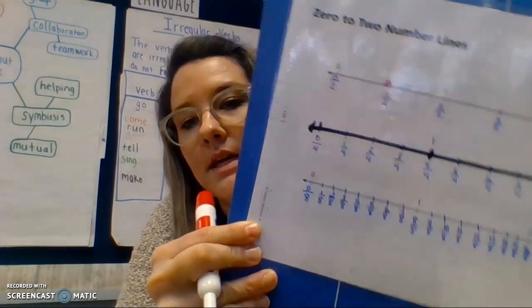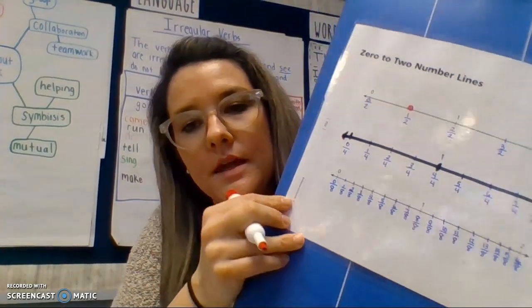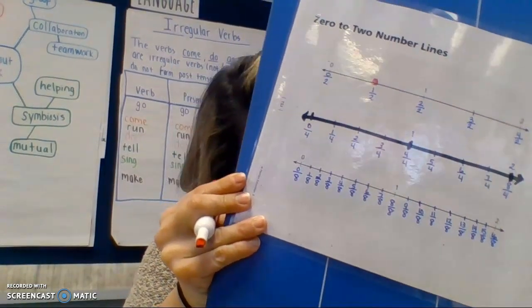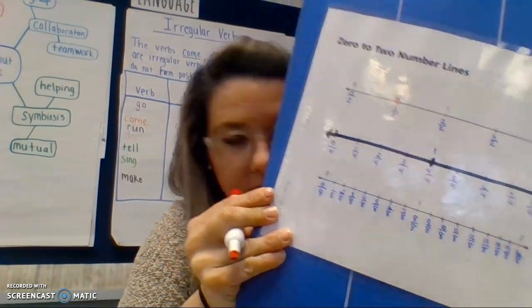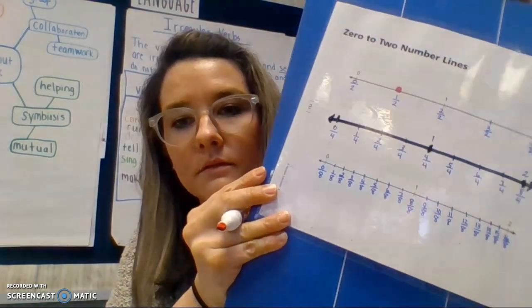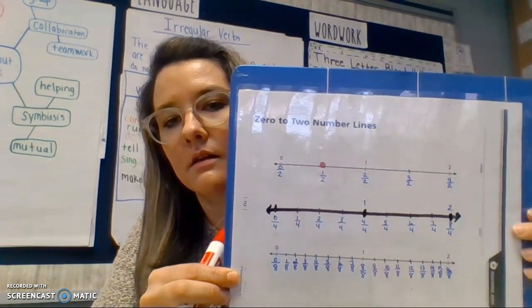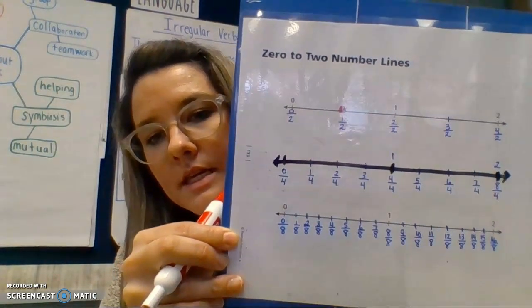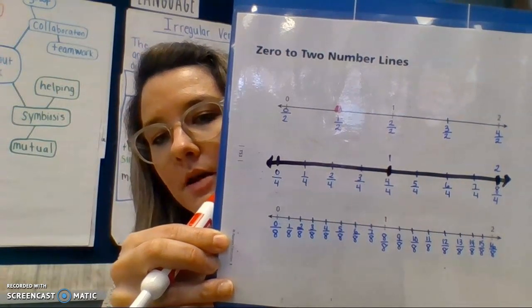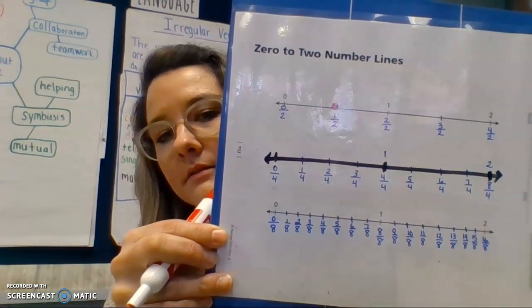Do you see any other fractions on the other number lines that are marked halfway between 0 and 1? Let me straighten that up here. Do you see any other fractions that are marked exactly halfway between 0 and 1?